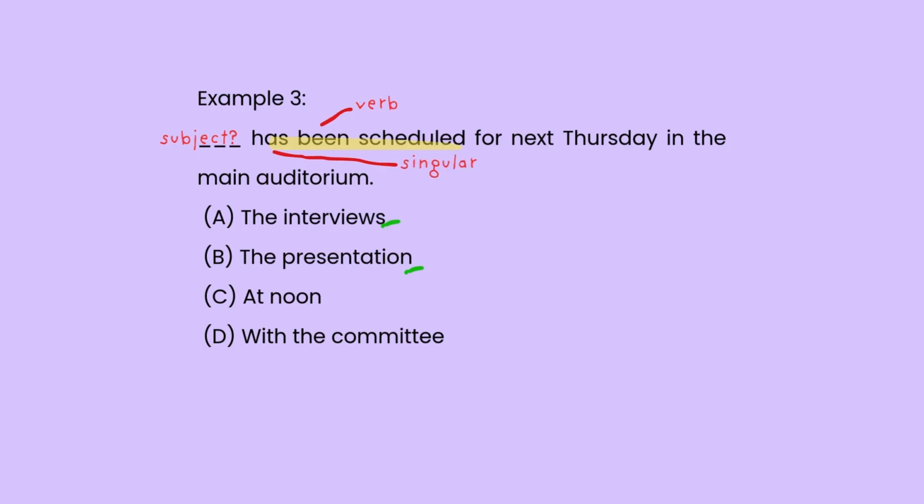That means the subject must also be singular to match. Option A, the interviews, is plural, so it doesn't match the singular verb. Option B, the presentation, is a singular noun, so the correct answer is B. The presentation has been scheduled for next Thursday in the main auditorium.